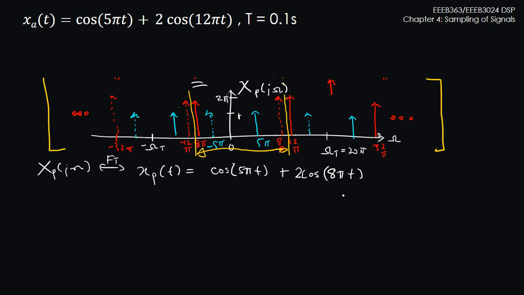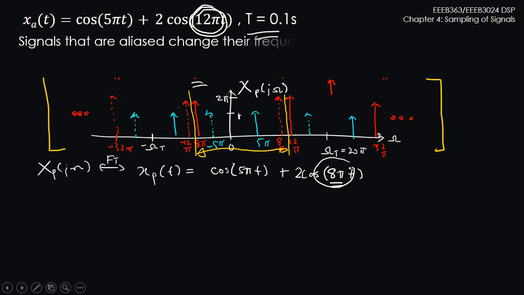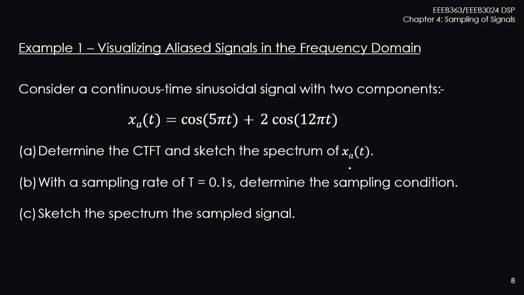So magnitude doesn't change, but you notice here the frequency is different. It's 8π. We started with 12π, but because we sampled it with a sampling rate that is insufficient, we end up with a different frequency. And that is the problem with sampling with a sampling frequency which is insufficient. So I guess that would conclude our work with this example.